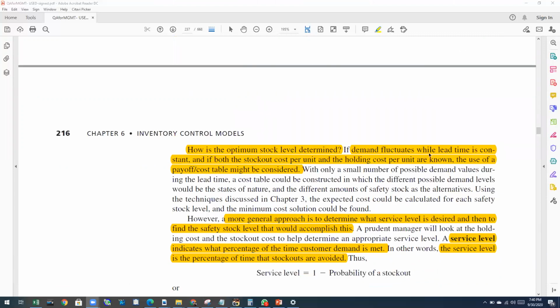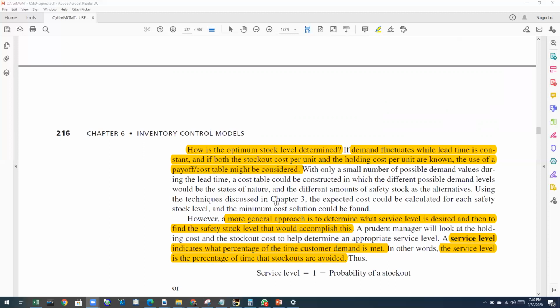If demand fluctuates while lead time is constant, and both the stock out cost per unit and the holding cost per unit are known, then we could use the payoff table that we studied in chapter 3.